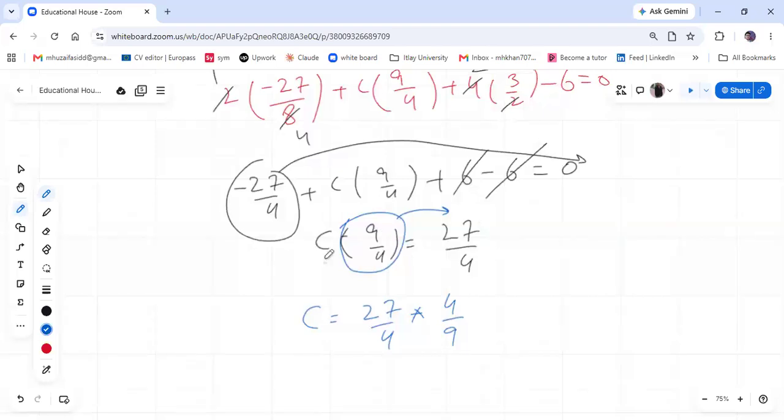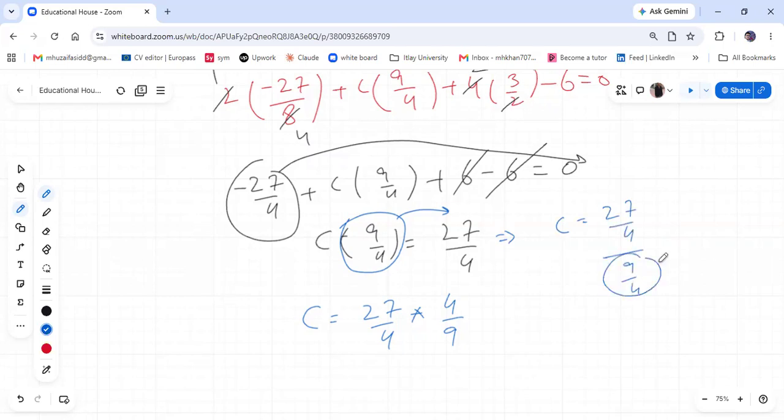Again, I'm explaining. c is multiplied by 9/4. When we move it to the other side, it takes this format: 27/4 divided by 9/4.